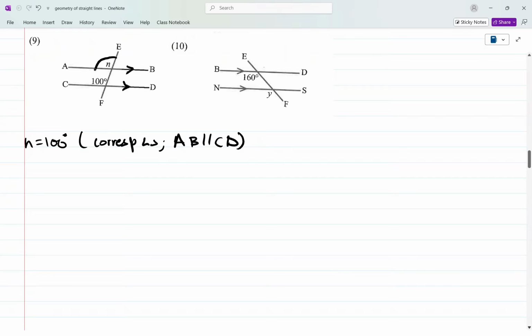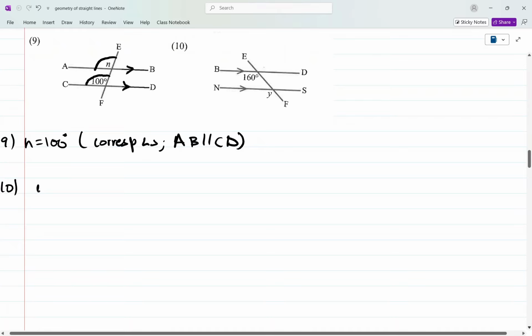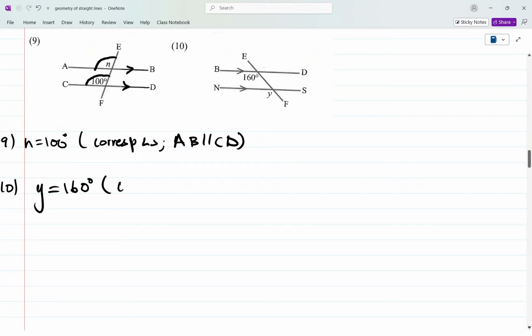Therefore, this value of n will be the same as the value of 100. And then now we are going to number 10. We are going to say y is 160 degrees. We are still talking about corresponding angles, even here, because BD is parallel to NS. It's also producing an F shape. This value of 160 will be the same as the value of y.